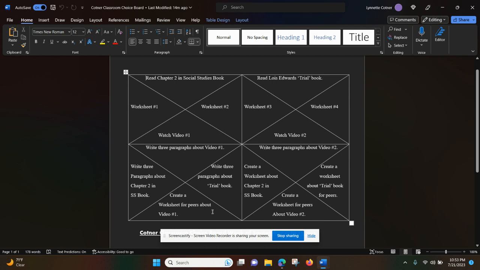And then they will be able to create a worksheet for peers to complete. So if they watched video 1, they could create one about video 1. If they watch video 2, they may create a worksheet about video 2. They could also create a worksheet about the trial book or about the chapter 2 social studies chapter.